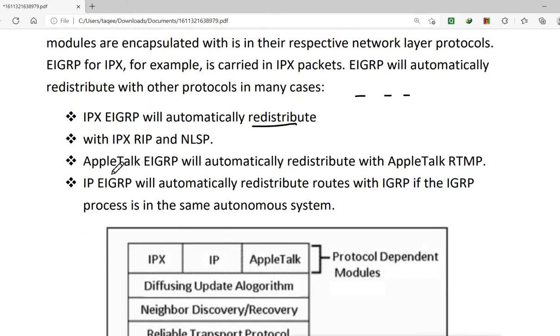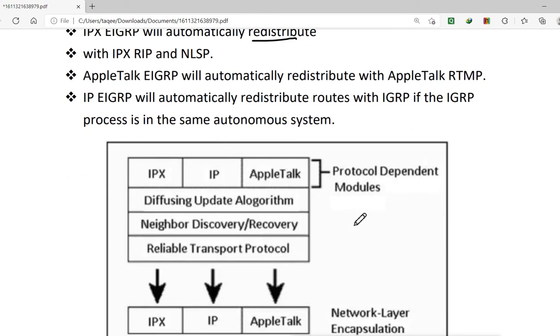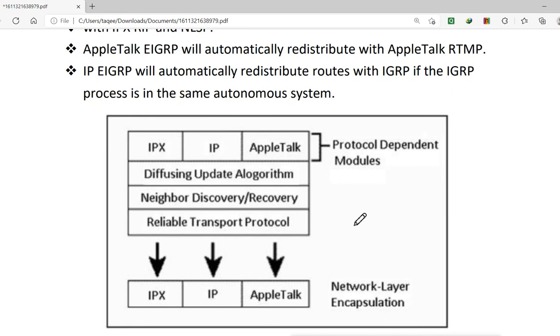Then AppleTalk EIGRP will automatically redistribute with AppleTalk RTMP. Then IP EIGRP will automatically redistribute routes with IGRP if the IGRP is in the same autonomous system, and that is why it has backward compatibility with IGRP.